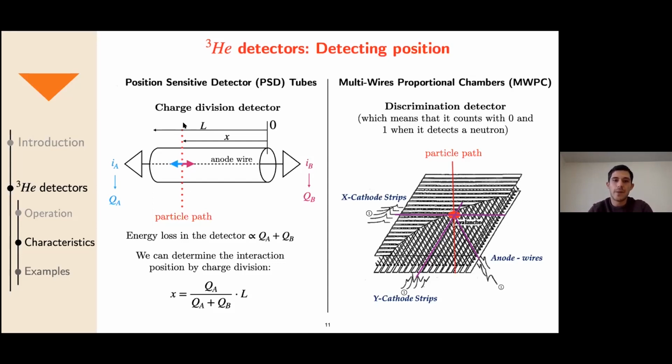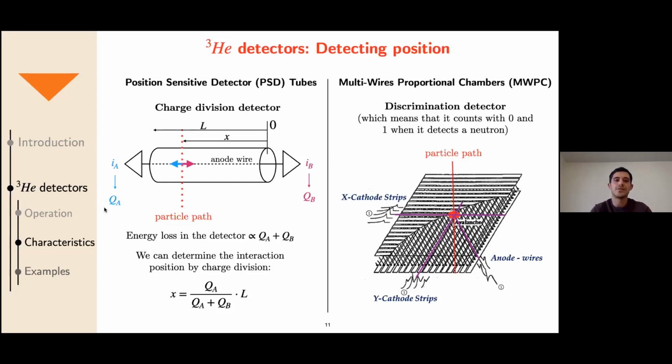So let's see how PSD tubes work. The particle path is represented in red. And from the point of collision, which is here, the intensity separates between the different connections of the electrical circuit according to the electricity laws. And so we can measure a current here and a current here, and we can integrate it.